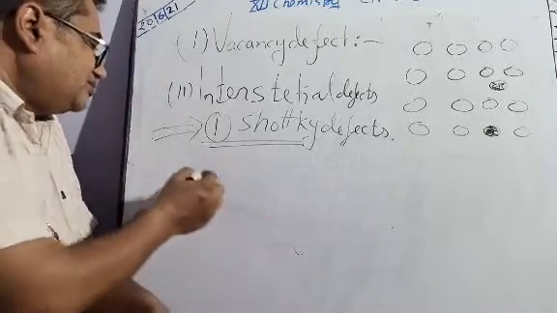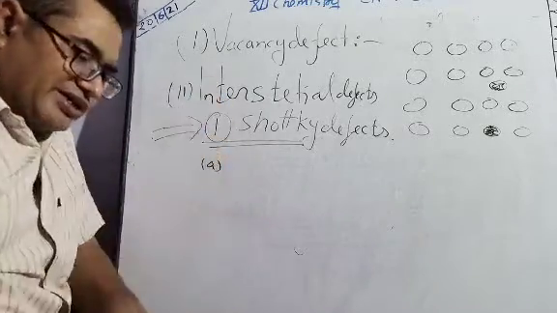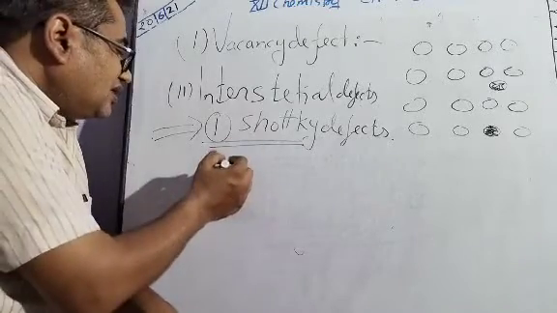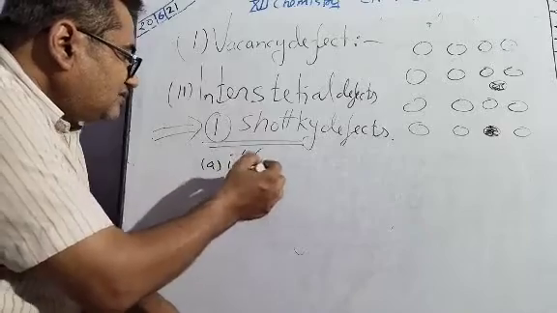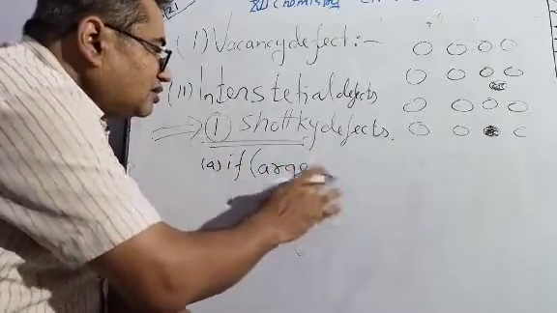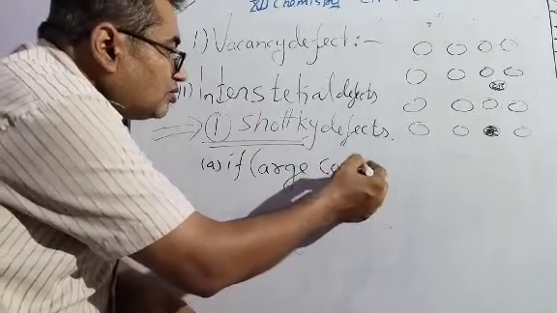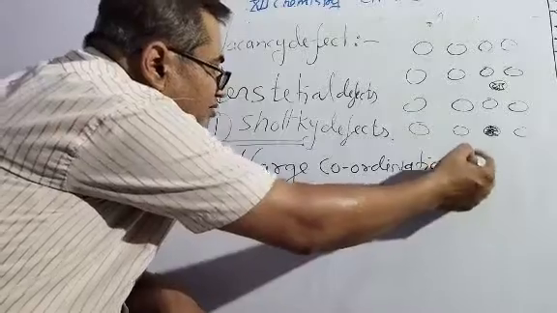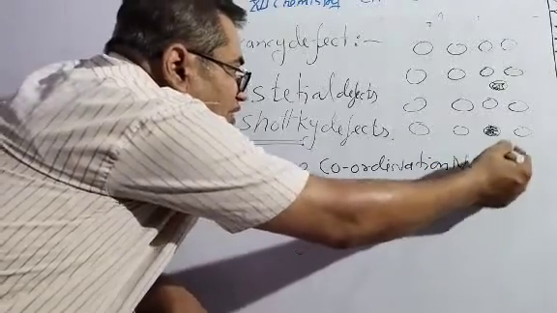Schottky defect is created due to these reasons. Number one, if a large coordination number is found.